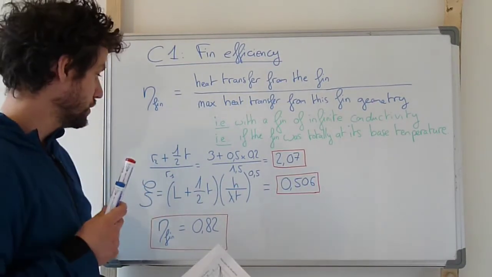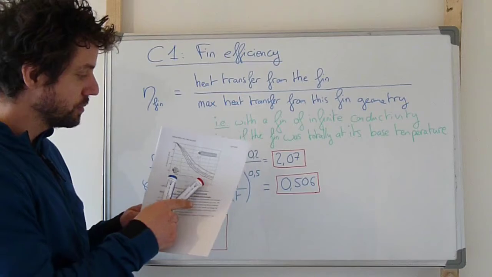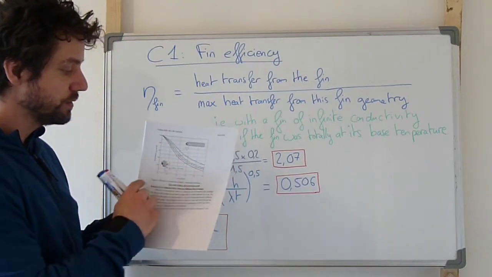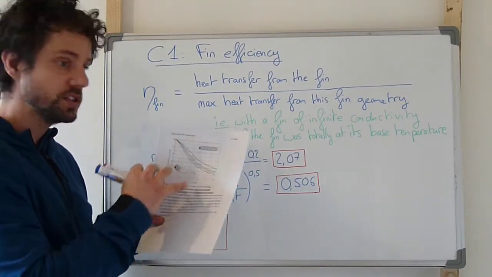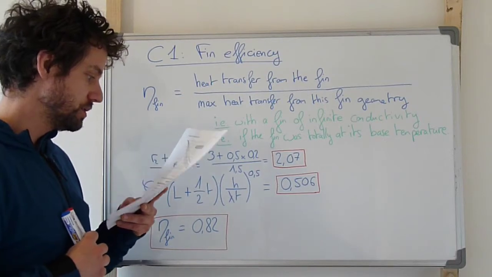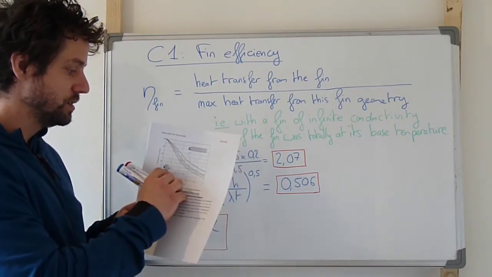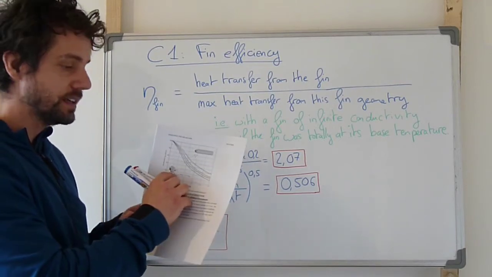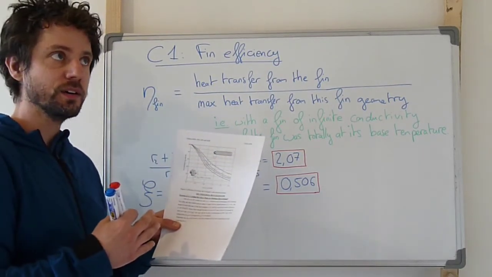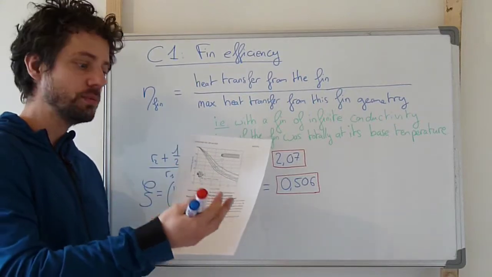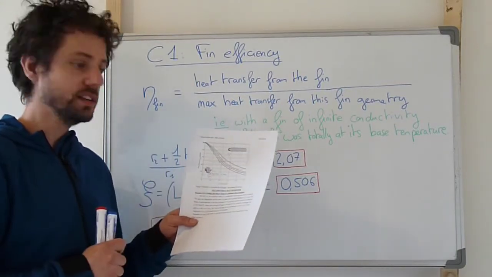Just be careful with one thing. The nomenclature, so the name of the different variables, is specific to this chart, and here in particular there are some parameters that have the same name as other variables that we have been using in this exercise.